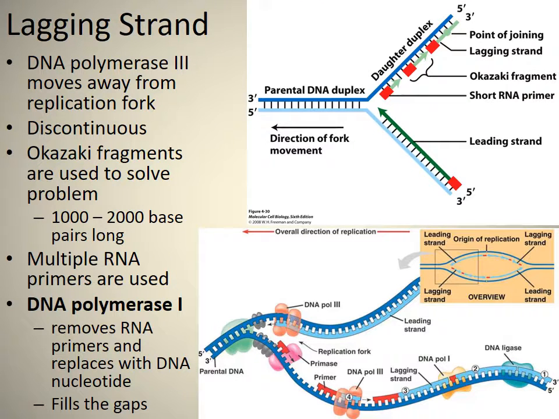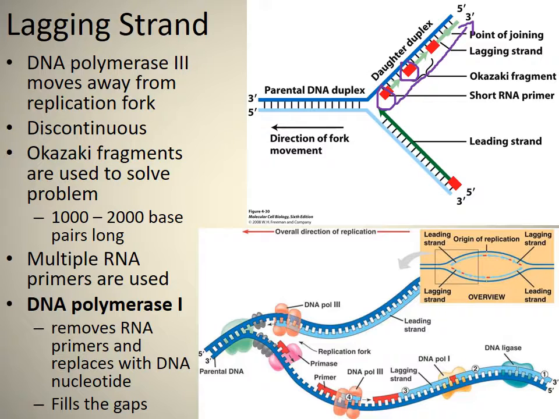And there are a couple things that come into play here. Notice the lagging strand, and you might have to compare and contrast the leading strand to the lagging strand. There are multiple RNA primers. Because the lagging strand is synthesized away from the replication fork, it has to be built almost in sections.